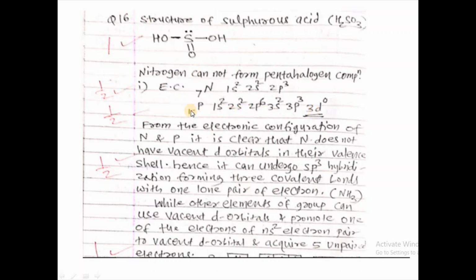Hence phosphorus can have a pentavalent structure, but nitrogen does not expand its octet due to the absence of 3d orbitals. Only because vacant 3d orbitals are not present. This carries 1 mark.